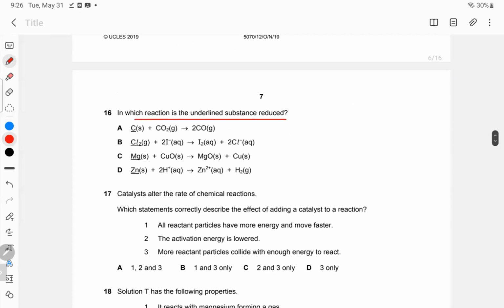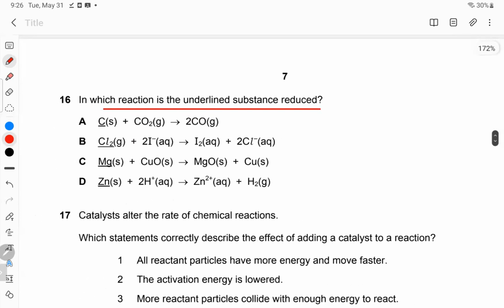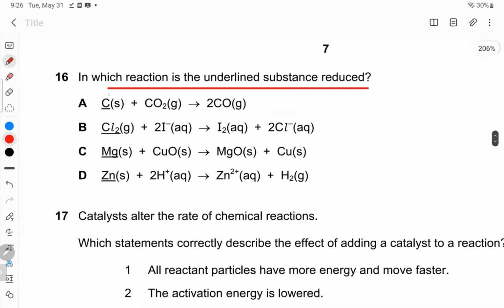So it's very easy. Initially the underlined substance is an element, so their oxidation number is 0 over here. And here carbon has a +2 charge because oxygen has a -2 charge.